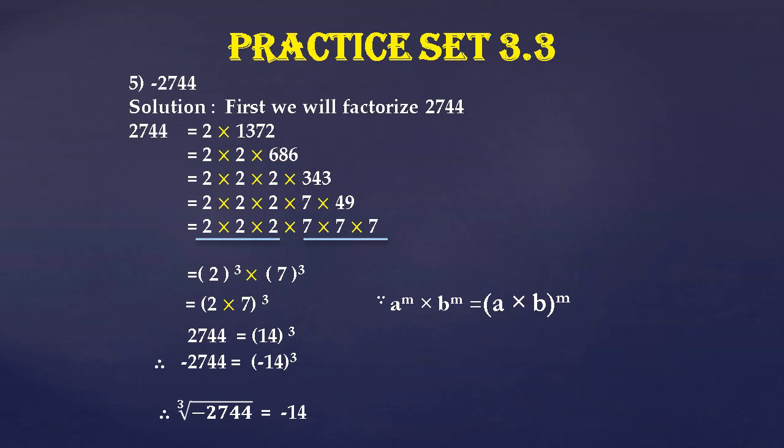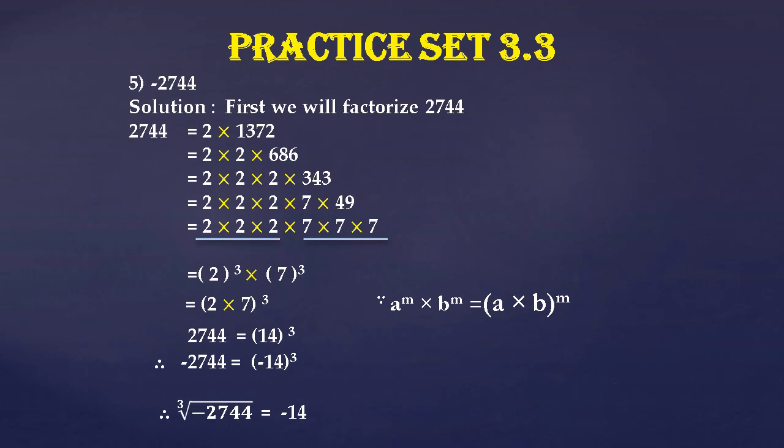Therefore, 2744 is equal to 2 into 2 into 2 into 7 into 7 into 7, which is equal to 2 cubed into 7 cubed, which is equal to (2 into 7) cubed. Since, as we know the law of indices, (a into b) raised to m is equal to a raised to m into b raised to m.